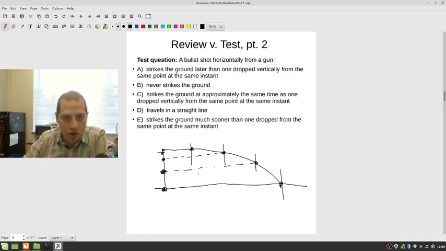Okay, so in this one, a ball shot horizontally from the gun strikes the ground later than one dropped vertically from the same point at the same instant. No, in fact it strikes the ground about the same time. Never strikes the ground? I was shocked to see that this was given by some people, but no, of course the bullet hits the ground.